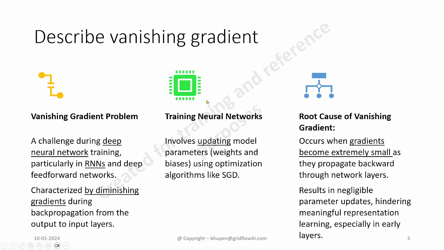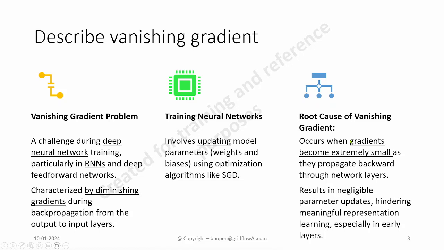So let's look at the vanishing gradient problem, and why it typically happens. As you know, when you train a neural net, you initialize the weight matrix, and those weights are typically small values. And when you multiply the weights over a long period, or let's say a very long sequence, then the value of the weights becomes very insignificant.